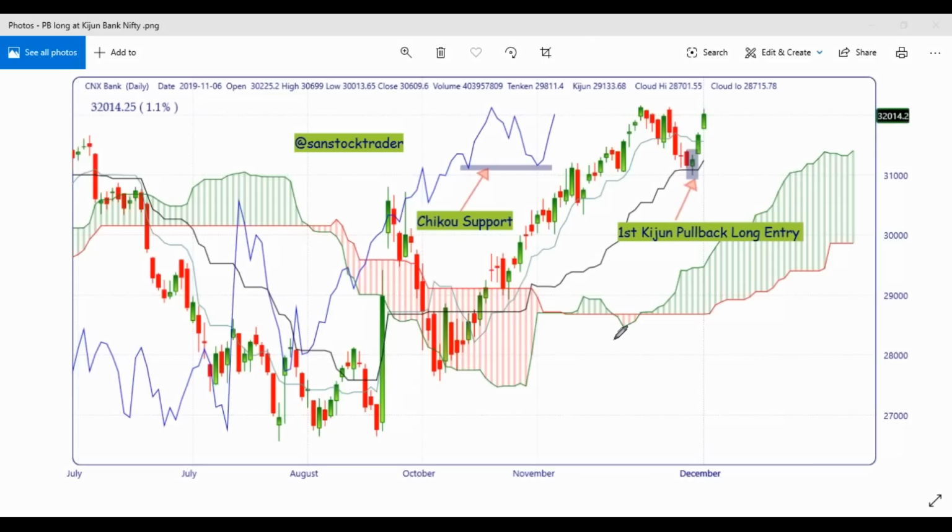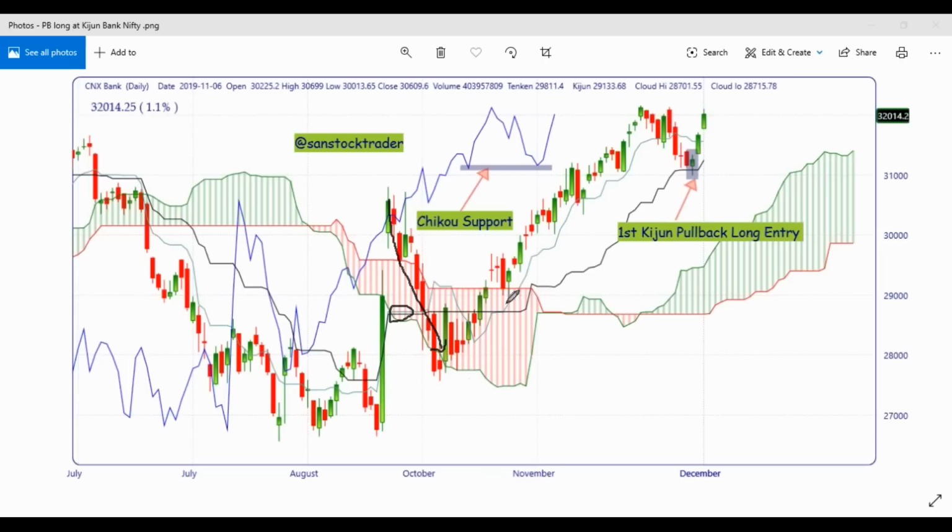So here we are. On this candle, Bank Nifty price broke above the cloud level, but at the same time Kijun-sen was within the cloud, so it was not satisfying our first condition. And see, that's the reason what happened.